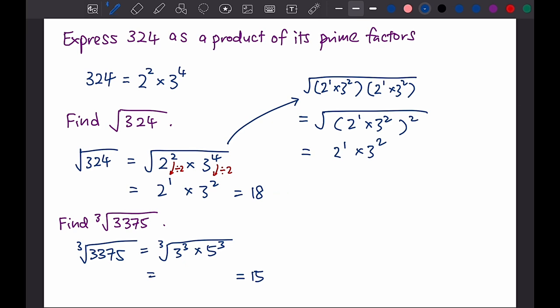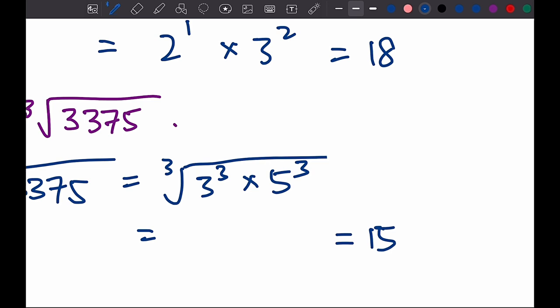If we were to extend this a little bit for cube root, we expect a similar working like this, but I'm not going to go into that. I'm just going to go straight into the generalization. So for square root, we divide the powers by 2. For cube root, we will divide the powers by 3.